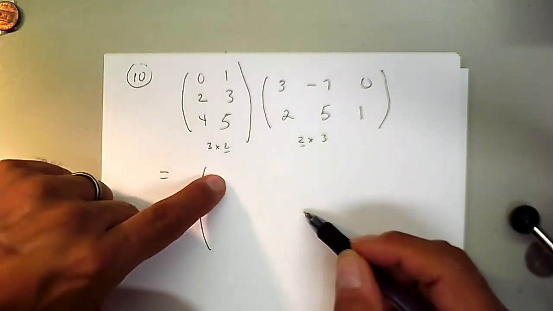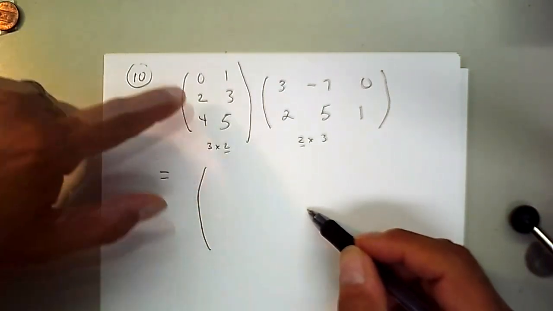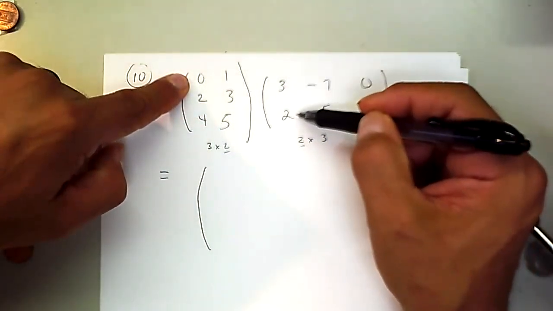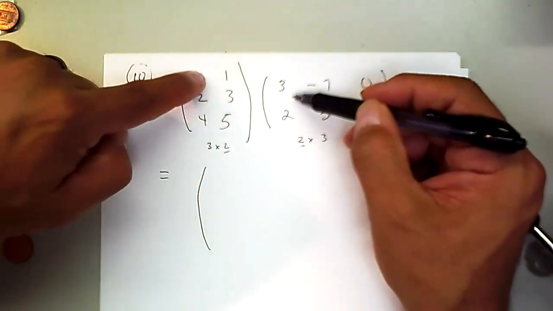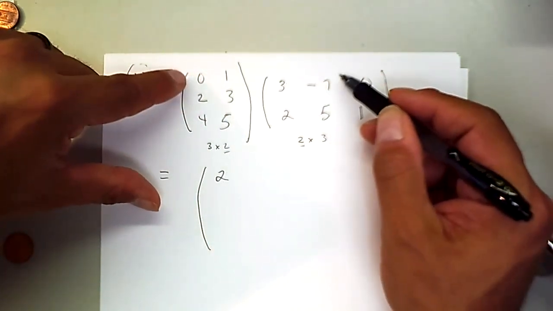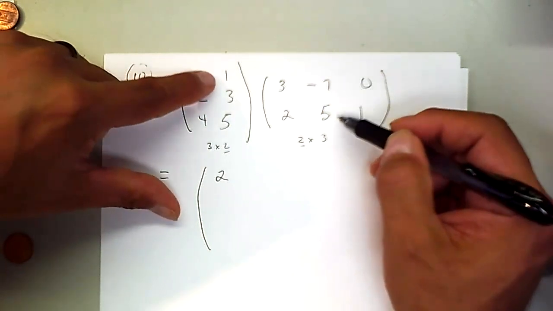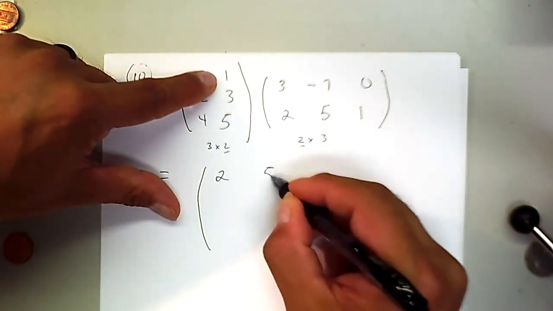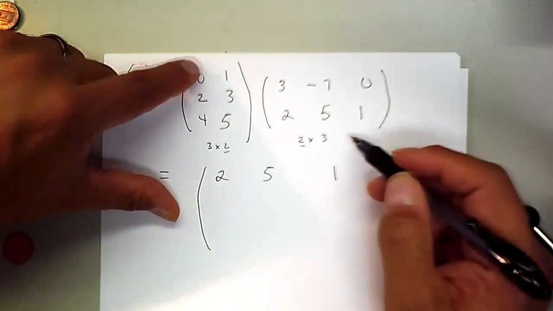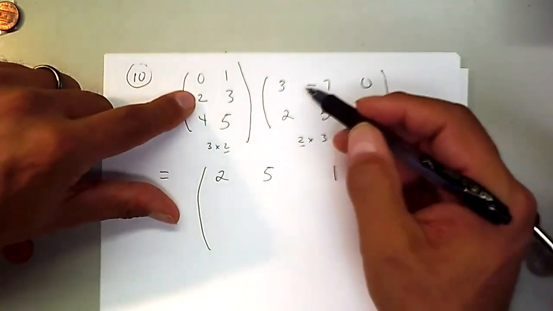So the first element is going to be the dot product of the first row of the first matrix with the first column of the second matrix. So 0 plus 2 plus... rather, 0 plus 5. 0 plus 1. And then we move on to the next row. That's the way I do it.